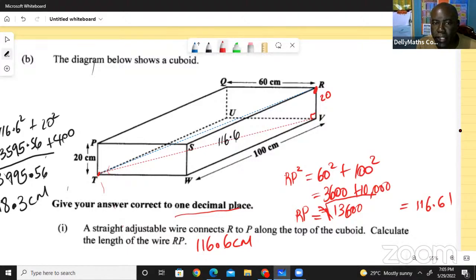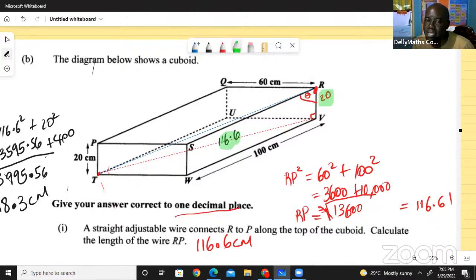So we want the angle right here, TRV. It's between the blue line and the 20 to the red. We want that angle up there, and we have the sides. So you have every side, so we can do anything to find TRV. I'm going to focus on the 20 that is already here and the 116.6, and I will use that.